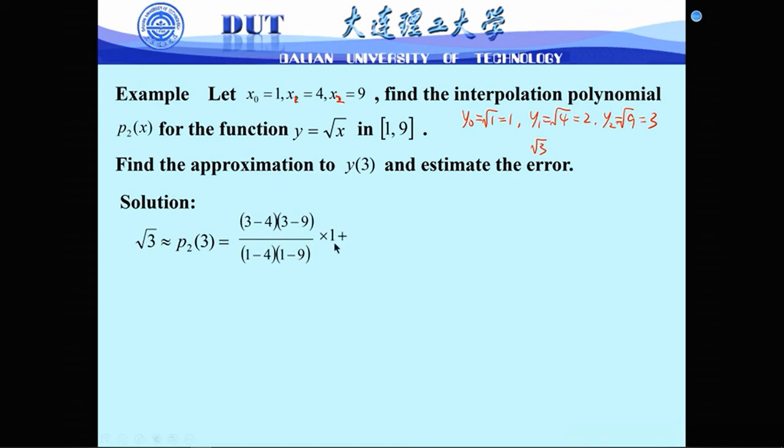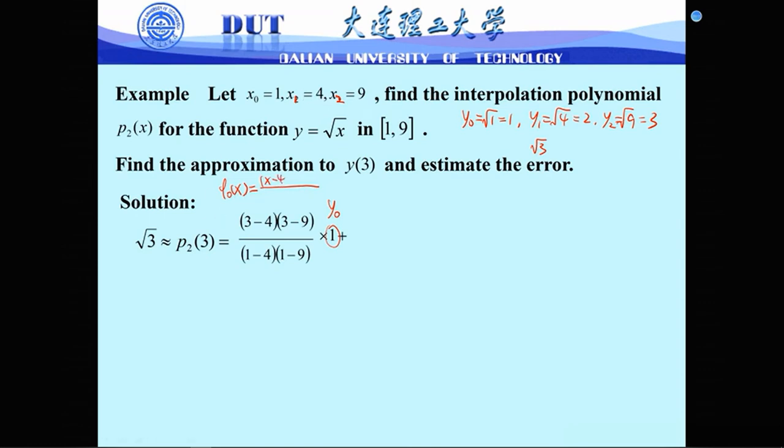The basis. For the function value y0, we need to construct the polynomial L0(x). I could just show you the result directly, but in order to help you practice, let's write it in detail. L0 is a ratio: x minus the other nodes, so the other nodes 4 and 9.